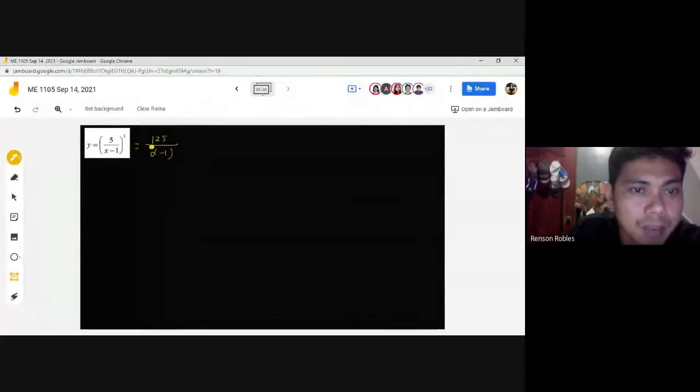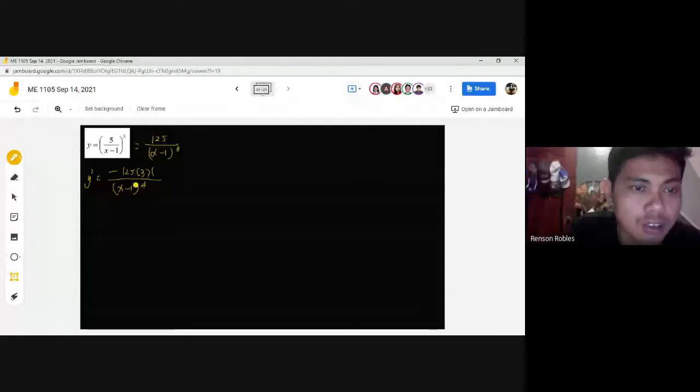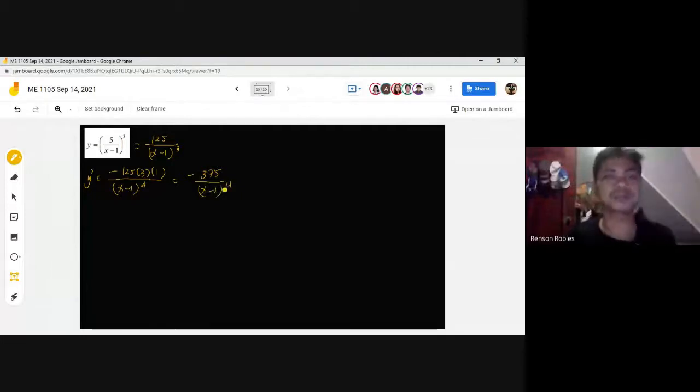And then by applying the technique, you copy the denominator, you add 1 on its power, then you affix the minus sign, and then you multiply 1 to 5 times 3 times the coefficient of x here, which is 1. O kaya siya ay naging negative 375 all over x minus 1 to the 4. Okay? Clear? Okay na po.